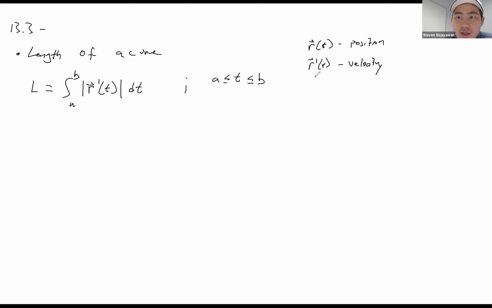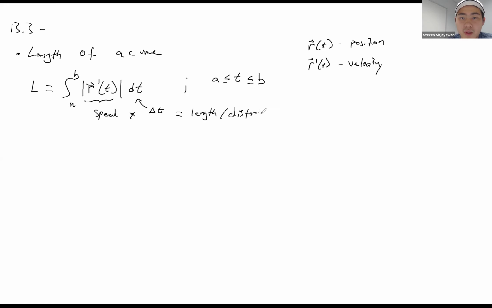The magnitude of velocity would basically equal its speed, right? And since you're multiplying by a time interval, it's basically a change in time. Speed times change in time basically equals a length or a distance.